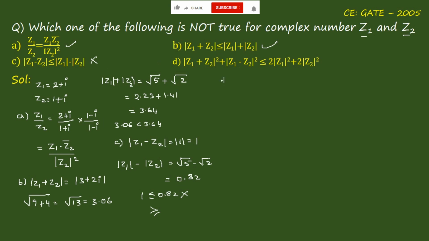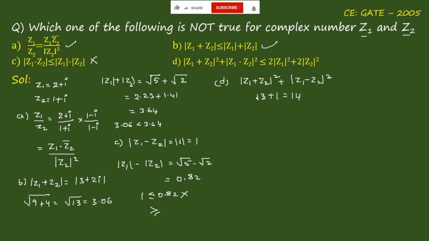Coming to option D: mod of (z1 + z2) whole square plus mod of (z1 - z2) whole square. The mod of (z1 + z2) whole square is 13, plus mod of (z1 - z2) whole square is 1, which is equal to 14.